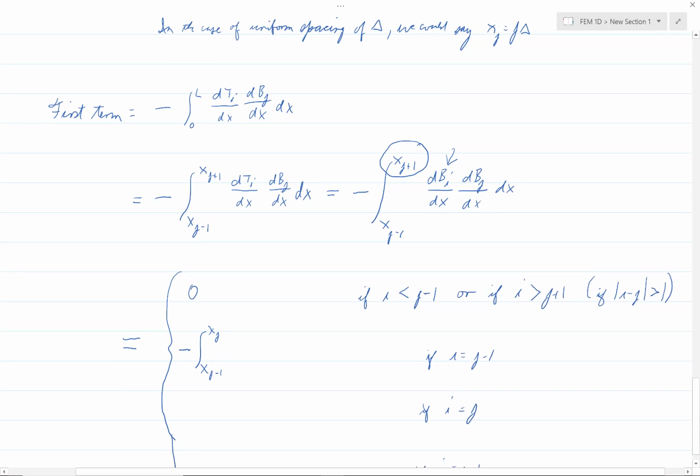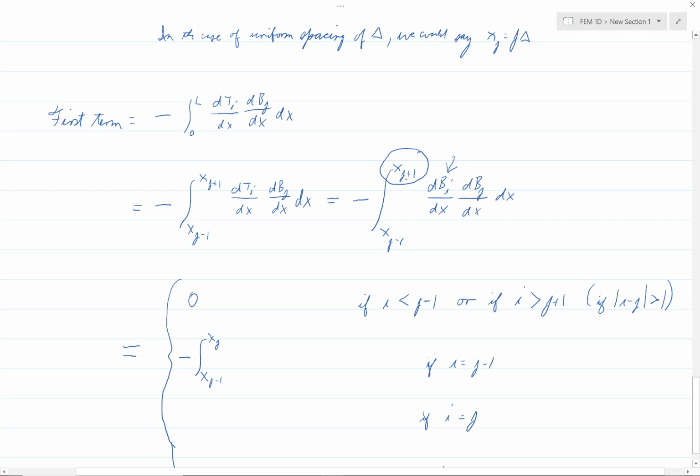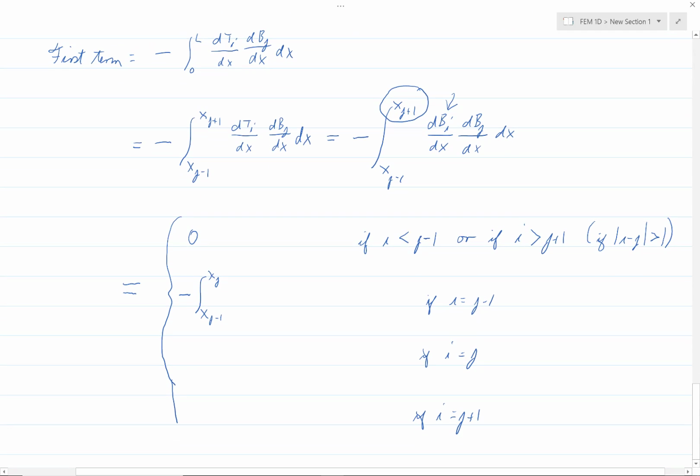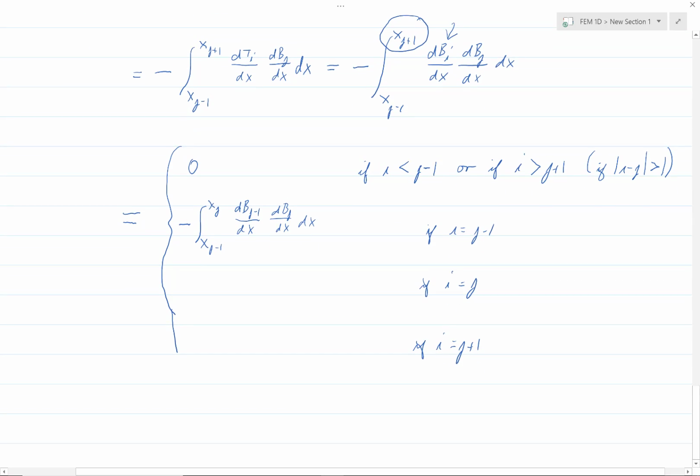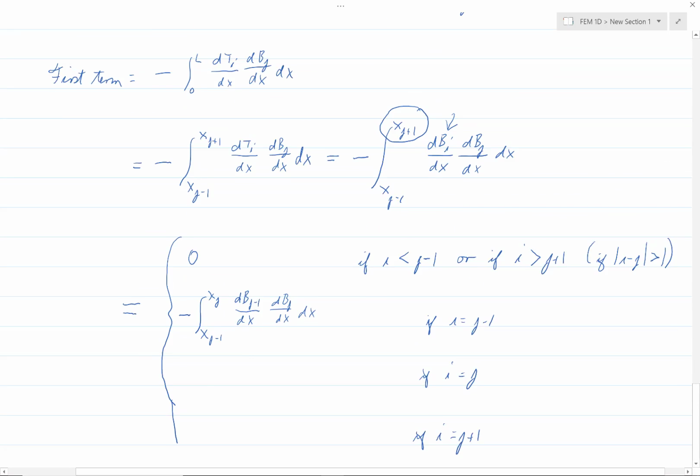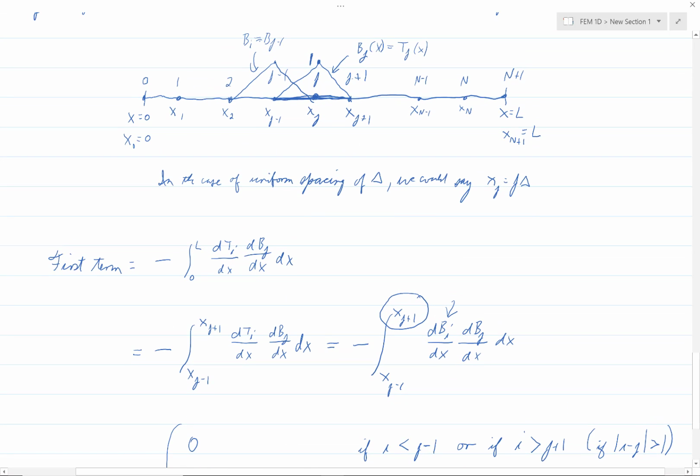So we don't have to integrate all the way up to xj plus 1, we just integrate up to xj. And so we would have dbj minus 1 dx, dbj dx dx. On the other hand, if i is equal to j, if it's the same, so we get rid of this now.